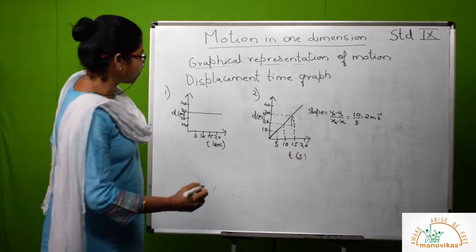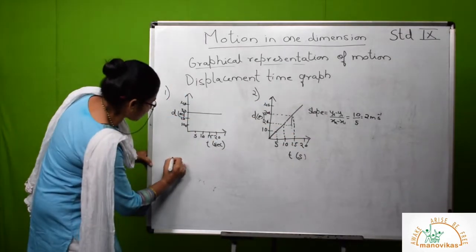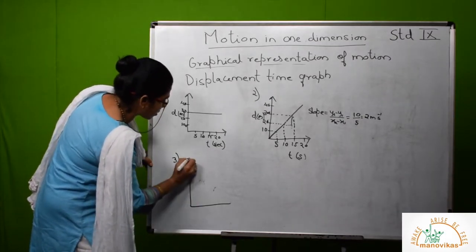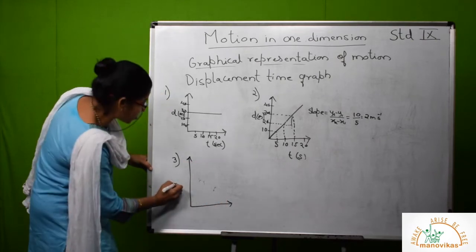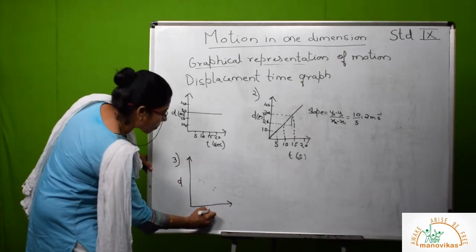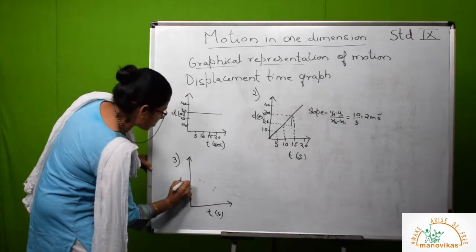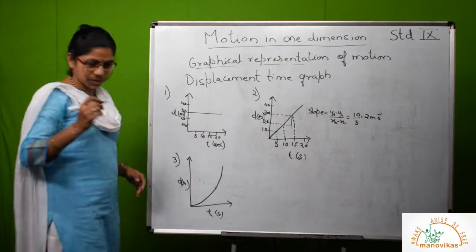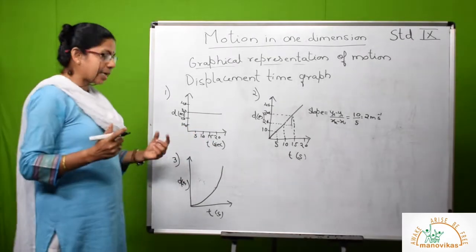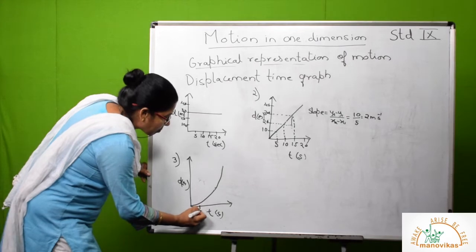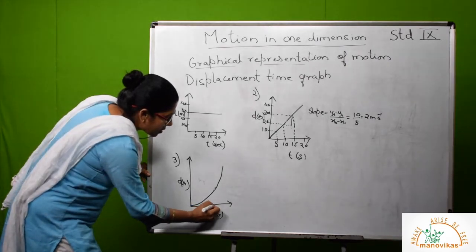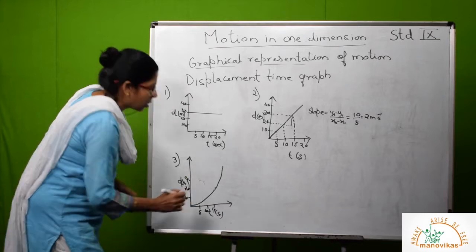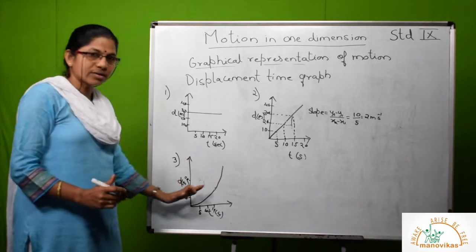Now suppose in the third case, on a displacement time graph, you have a curve like this. Now in this case it's a curve.